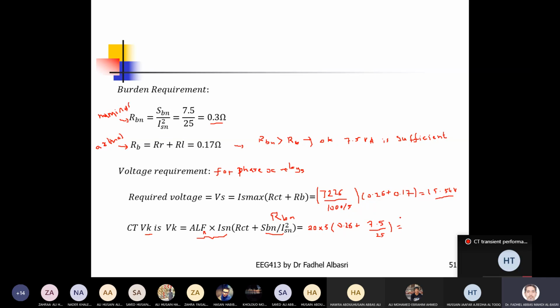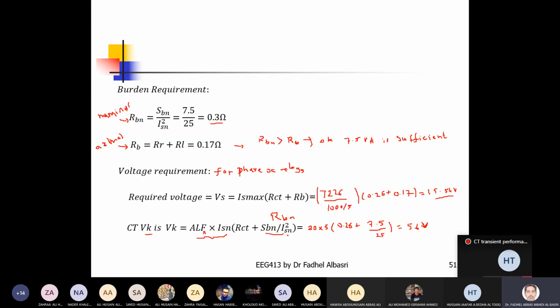If you substitute this, I'll get 56 volt. Now, is this suitable or not with respect to the three-phase fault?